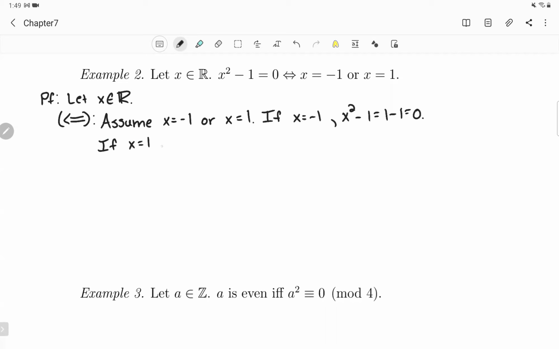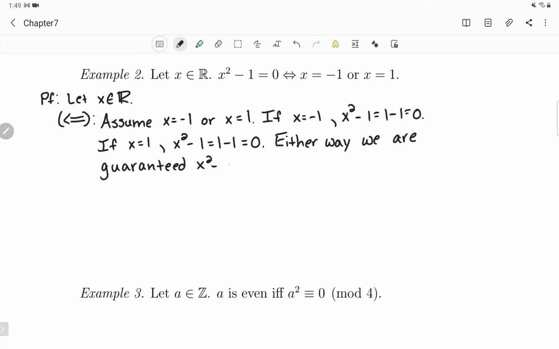If x equals 1, x squared minus 1 equals 1 minus 1 equals 0. Either way, we are guaranteed x squared minus 1 equals 0.